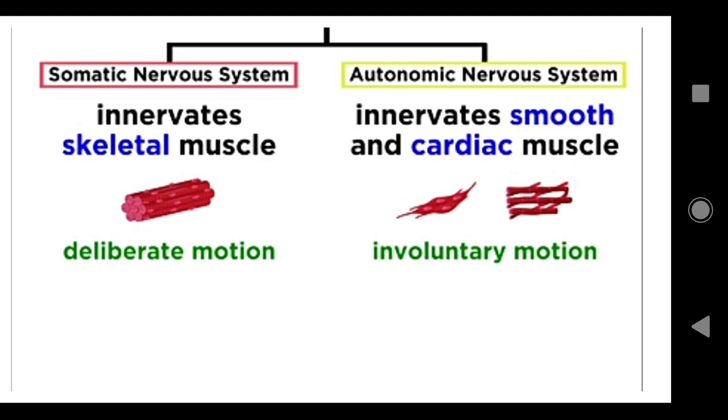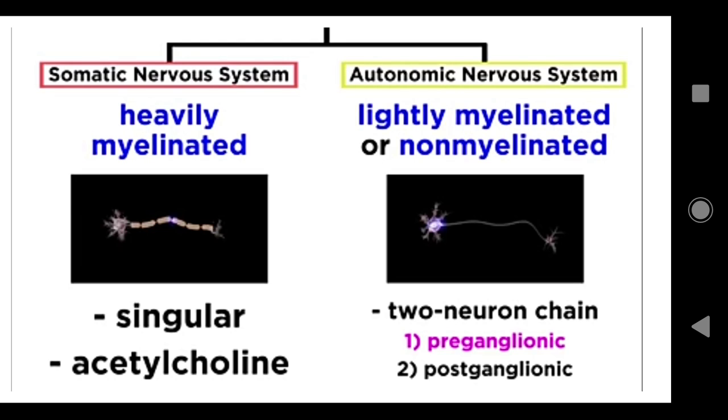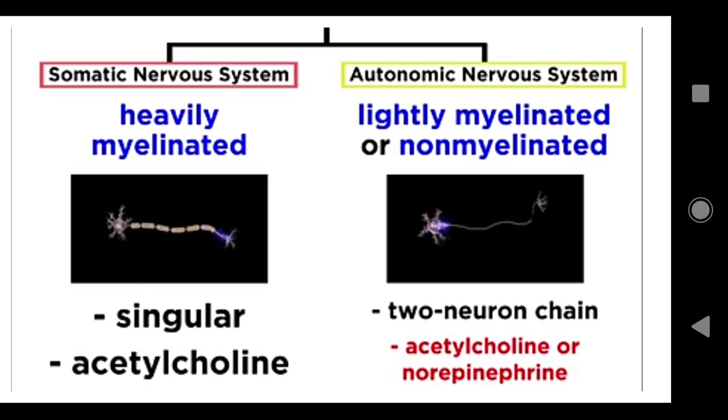Just now I told you that one is making voluntary action and the second is making involuntary action. One secretes a chemical named acetylcholine, and the autonomic nervous system has two ganglions, preganglionic and postganglionic, as we have just seen. In this way they secrete one type of chemical.